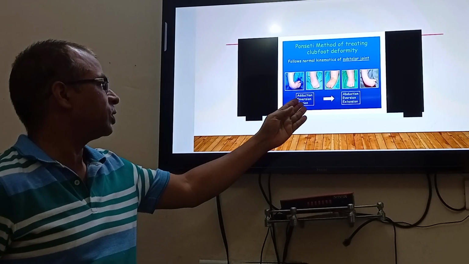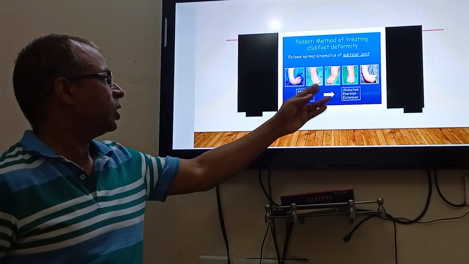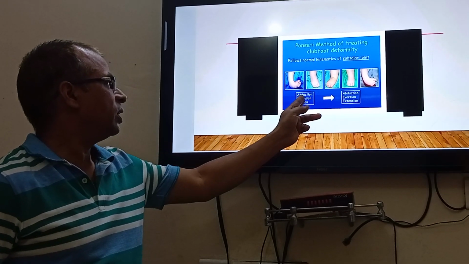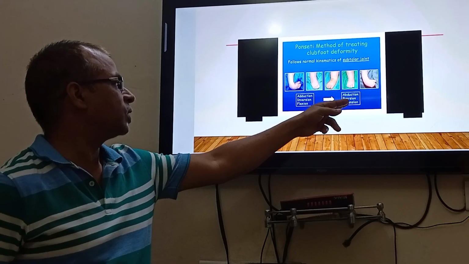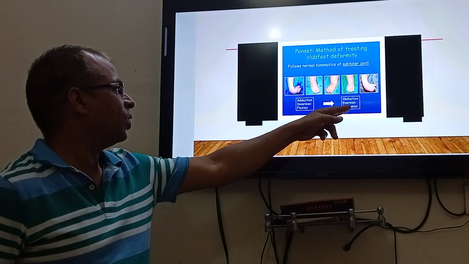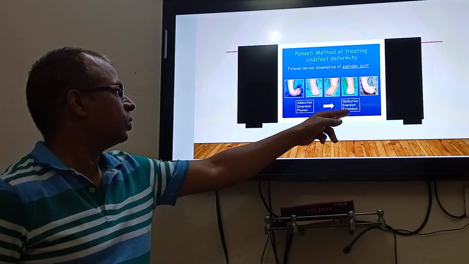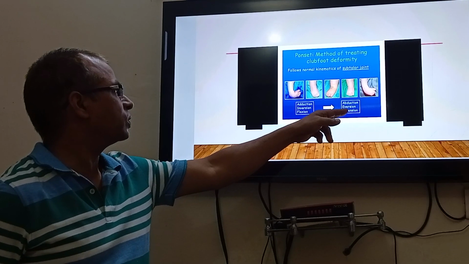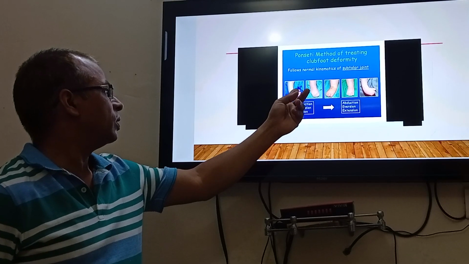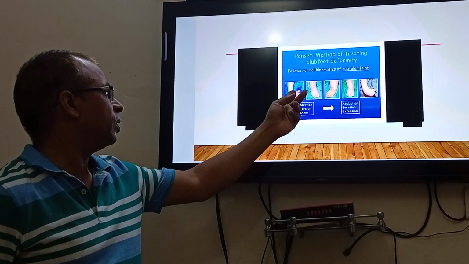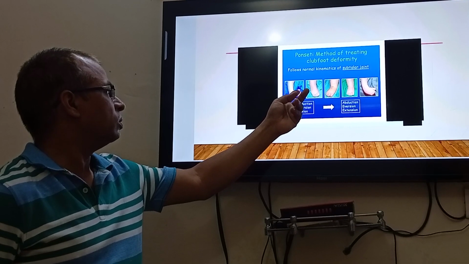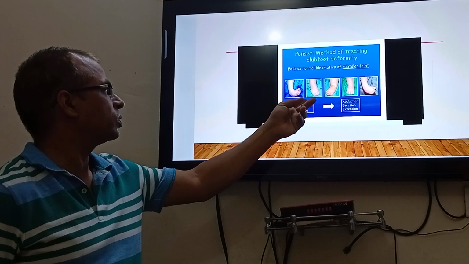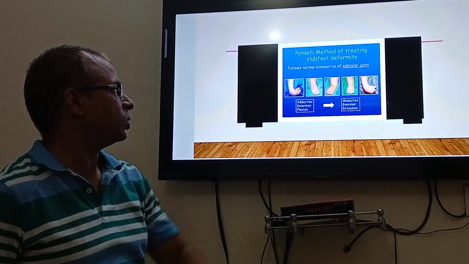Flexion means plantar flexion, and adduction is converted to abduction, inversion goes to eversion, and plantar flexion goes to dorsiflexion. So this is the foot adducted, inverted, and in equinus or plantar flexed position.